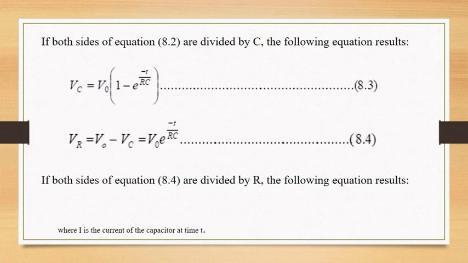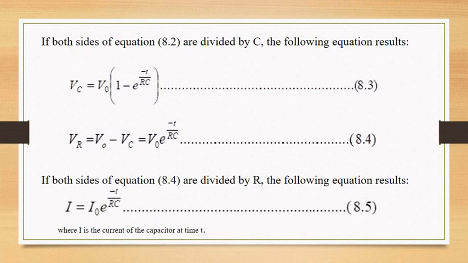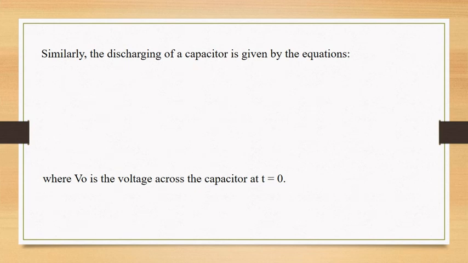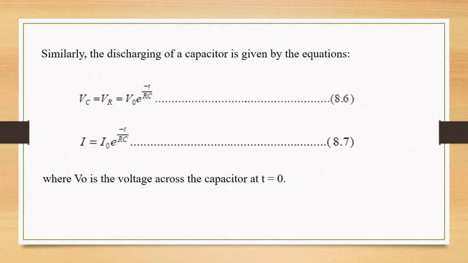If both sides of the equation are divided by R, the following equation results, where I is the current of the capacitor at time T. Similarly, the discharging of a capacitor is given by the equations, where V0 is the voltage across the capacitor at time T equal 0.